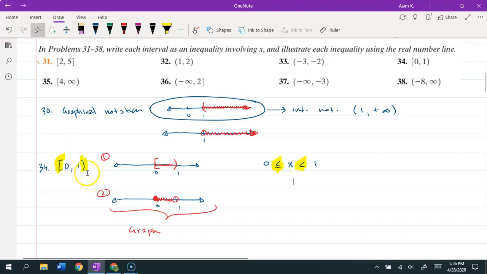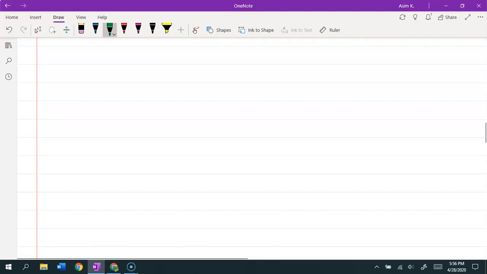So whenever you see a parenthesis, that simply means a strict inequality like that. If you see the hard bracket, then it's going to look like less than or equal to. So these are simply notations that you need to know.